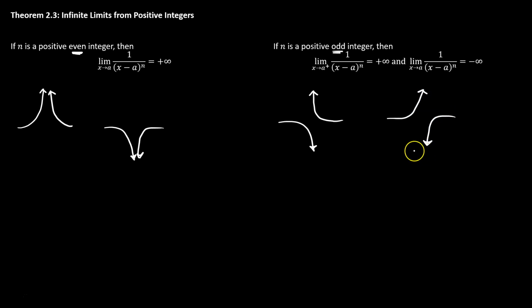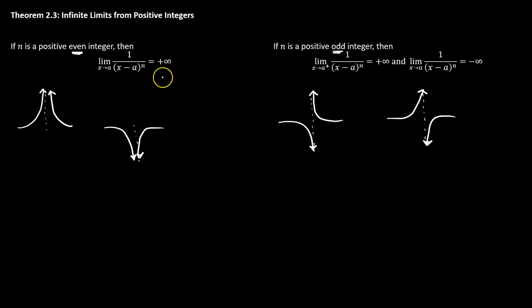So in any case, if you have a rational expression, then you have a potential for an asymptote. If the exponent in the denominator is even, then the function is going to point in the same direction, no matter what side of the asymptote you're on. Or if that exponent is odd, then the function is going to go in opposite directions, depending on which side of the asymptote you're on.